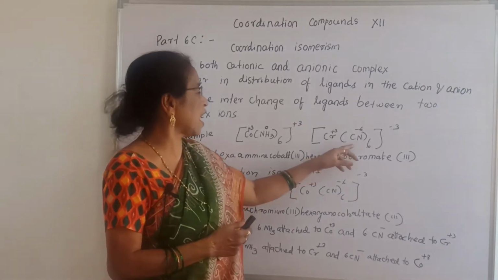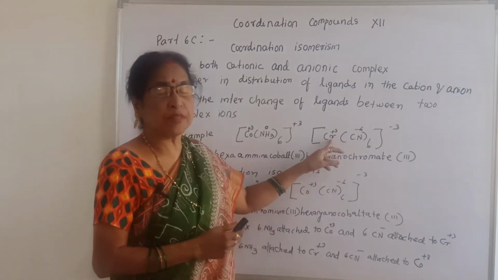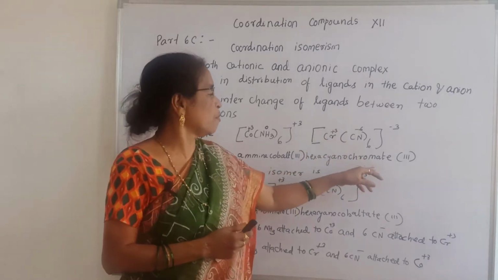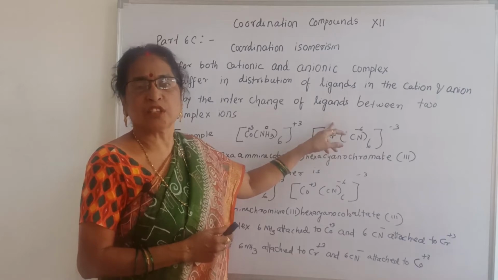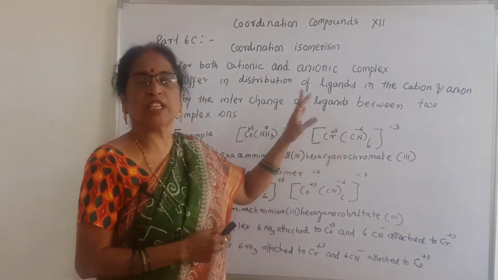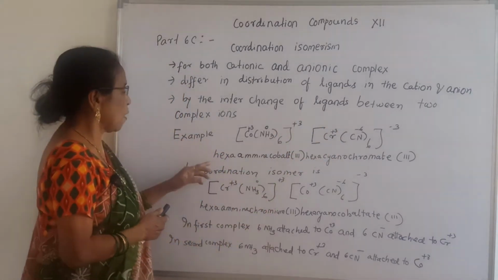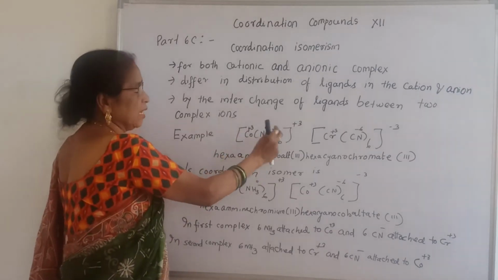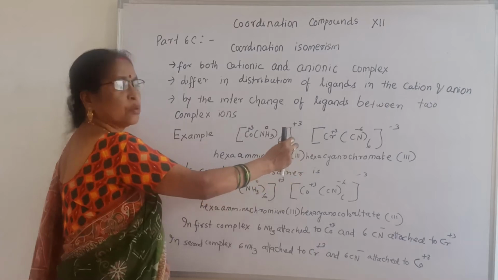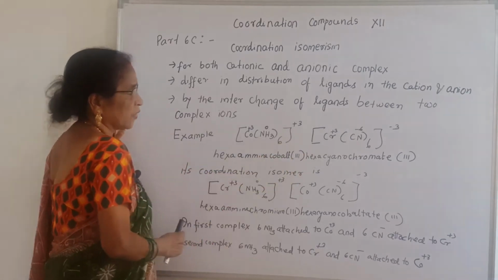So chromium changes to chromate(III), because the oxidation number, the charge of the central metal atom, is plus 3. So again: hexaamminecobalt(III) hexacyanochromate(III).